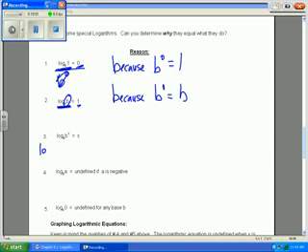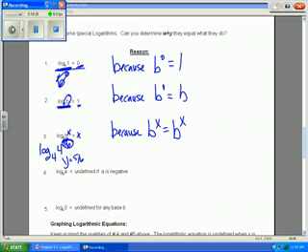We had a sample of this earlier, and our answer was 5, 6. Anytime these b's are the same here, your answer is going to be what that exponent was. And the reason is because b to the x is equaling b to the x.